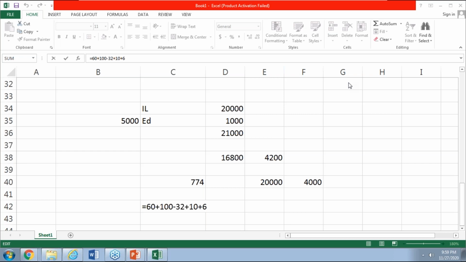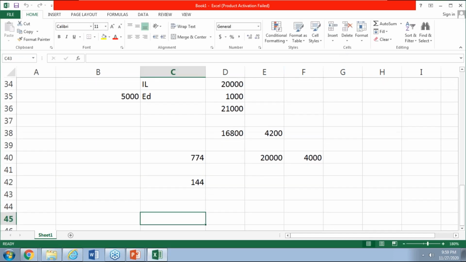How 32? 32 is an intercompany sales. Excess depreciation will be, as there is an adjustment of 80 divided by 8, excess depreciation is 10.